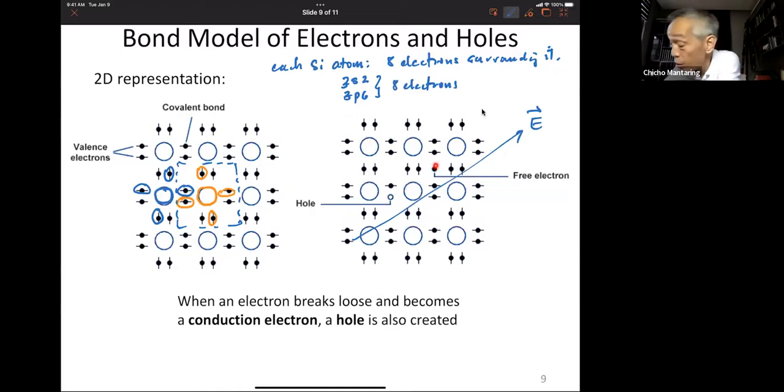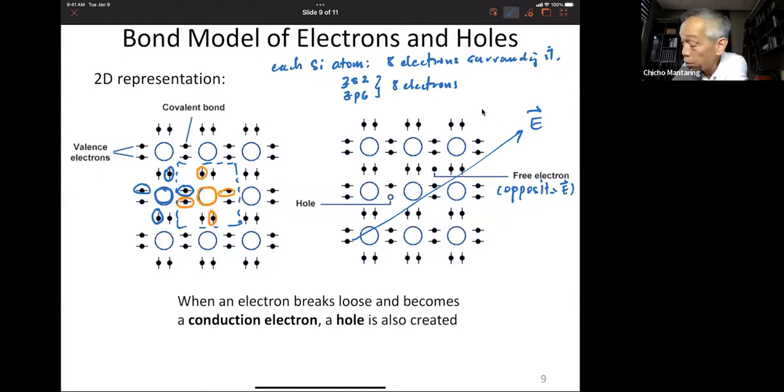This electron will tend to go opposite the direction of the electric field. Because it is now a free electron, it will tend to go opposite the direction of the electric field, so opposite E, your electric field E.